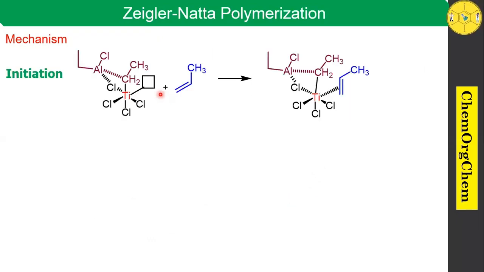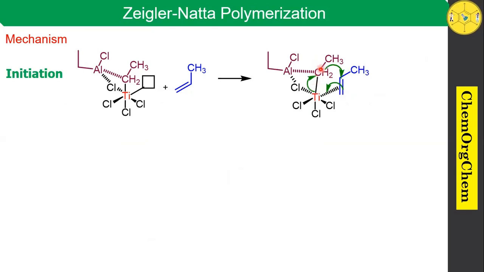After we get the active species, it readily undergoes the initiation step. In this initiation step, it readily coordinates with an alkene to form the corresponding pi complex. After the formation of the pi complex, now you see this electron attacks the titanium atom, followed by the titanium-carbon bond cleaving.